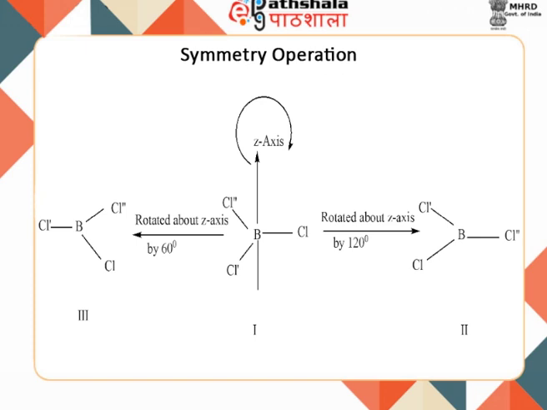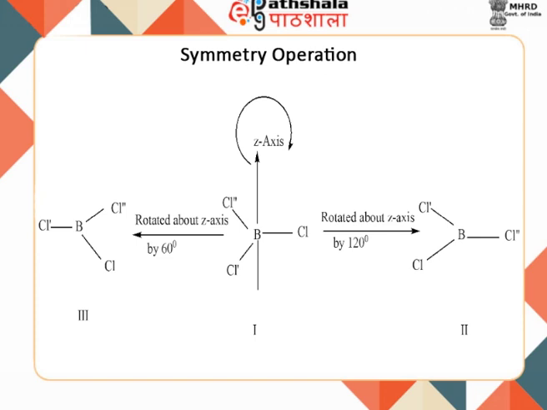A symmetry operation is a movement of a molecule or a body about any symmetry element in such a way that the orientations of the molecule before and after the movement are equivalent or indistinguishable. A symmetry operation can also be defined as an action that leaves a molecule looking the same after it has been carried out. Let us illustrate it with the help of the following examples.